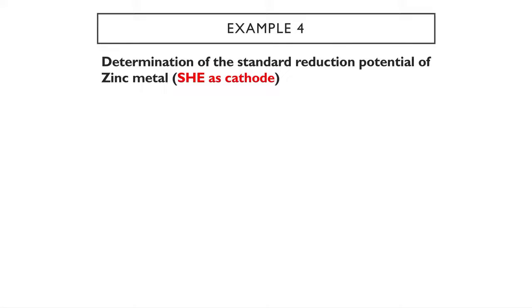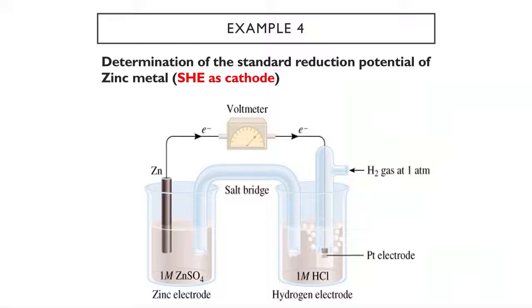Okay, so for example right here, how do we use SHE as the cathode punya, how do we determine the standard reduction potential SRP of your zinc metal using SHE as your cathode? Okay, how do we do that? So right here we have your galvanic cell.